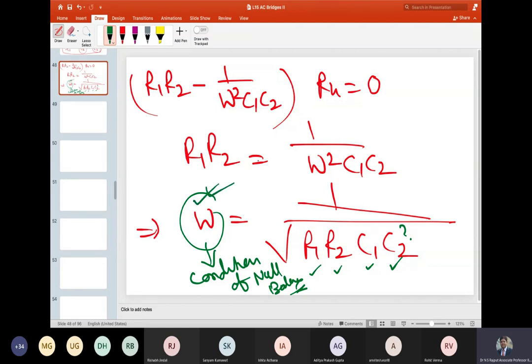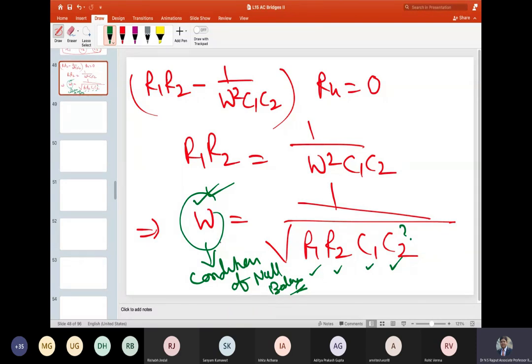So you can keep on varying the frequency and check when the null comes. Based on the C1, C2, R1, R2 values, you can calculate or identify the precise frequency which is unknown, right? So that is the advantage of Wien bridge.